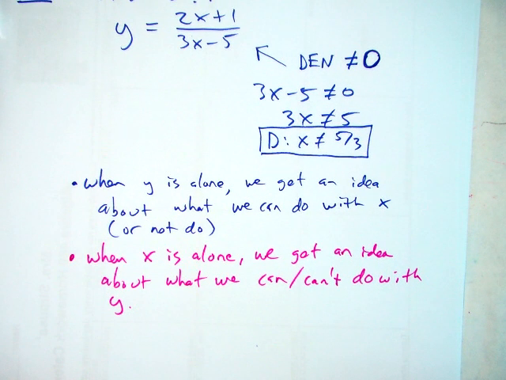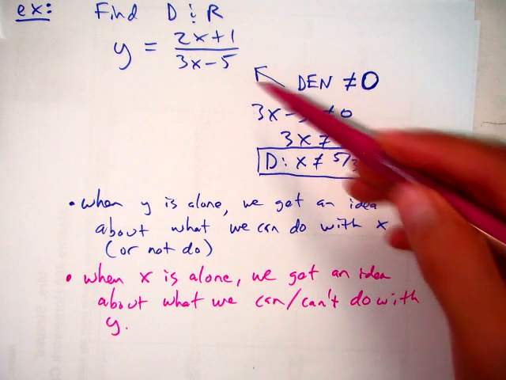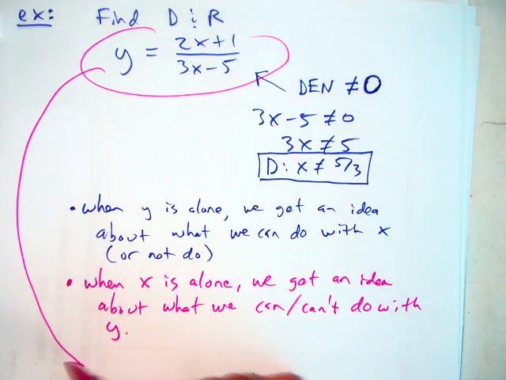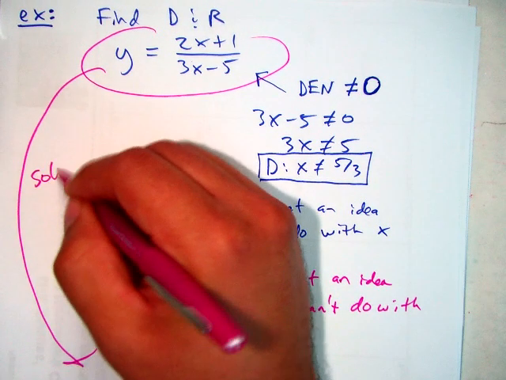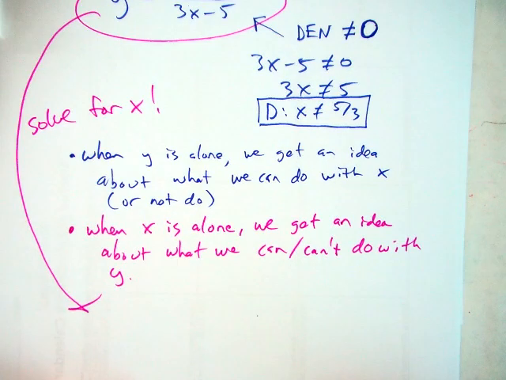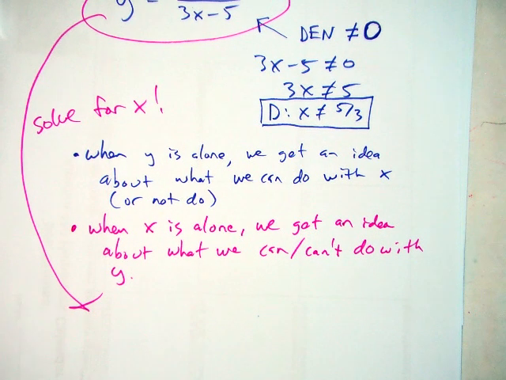So the key here is, when y is alone, I can find the domain. If I can somehow take this equation and solve for x, so that it's x equals something, and it's got y's in the formula now, I'll see how all the y's are related to one another, and maybe there's going to be a way to find the range. Okay?